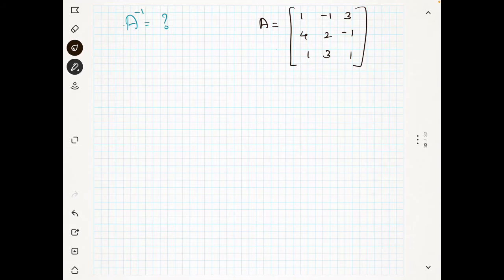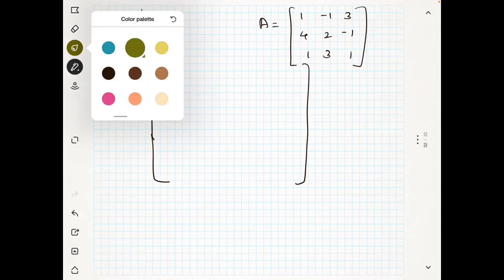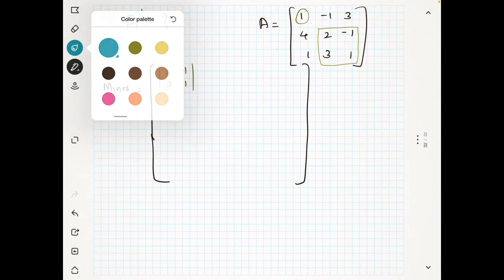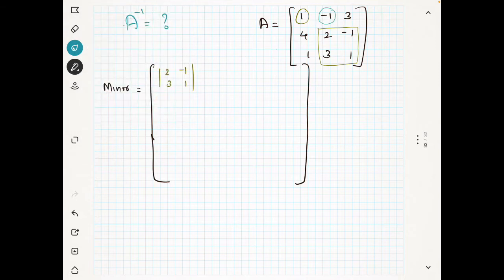First of all, we will be finding the minor matrix. What is the minor? We will be making the minor matrix as shown here. First I will take this element, and this will form the minor: the determinant of 2, minus 1, 3 and 1. Now I take another element.